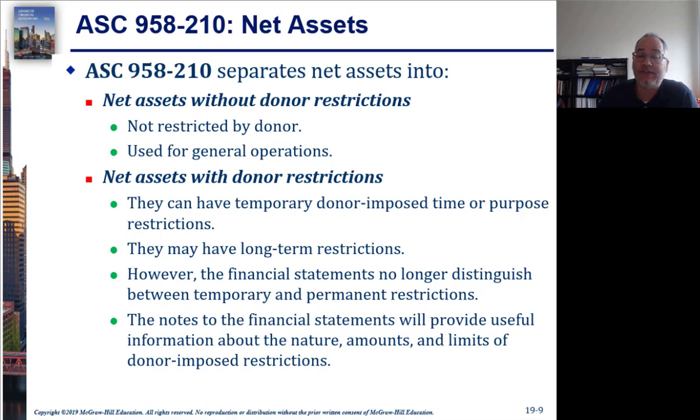It's just that we would set this up with two funds. And in fact, what you could do is you could have multiple sets of net assets with donor restrictions, depending on what the donor restrictions are. So for example, you could have a scholarship fund, you could have an endowment fund because you can spend the income but not the asset, and things like that.